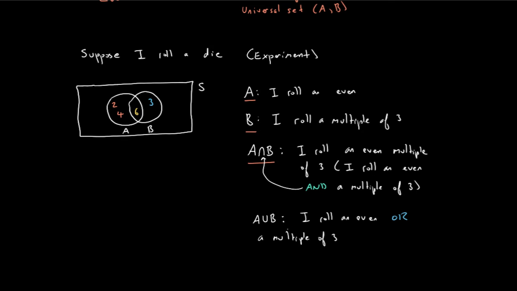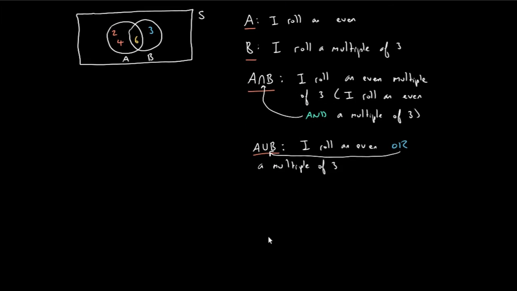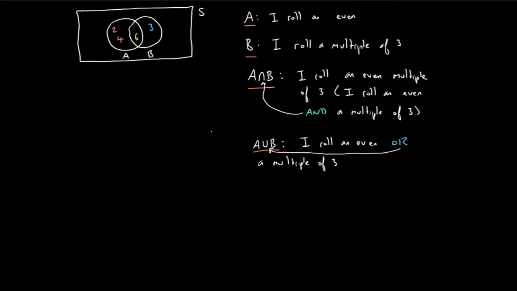And again, this is just to drive home this connection between this word or and the union. They kind of mean the same thing. Okay, so whenever grammatically you want to say or, you should think in terms of set theory of unions, and whenever grammatically you want to say and, you should think in terms of set theory of intersections.